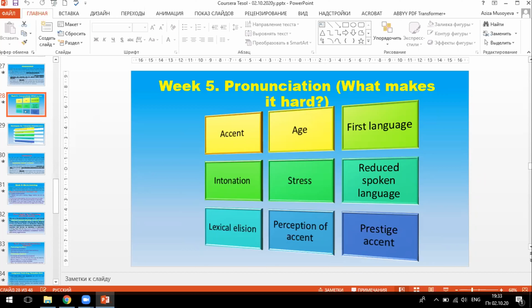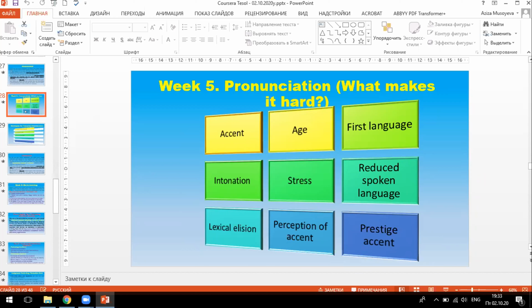And lexical elision means dropping some sounds, like saying something very fast and dropping. For example, even in this word, we are dropping e, lexical elision.